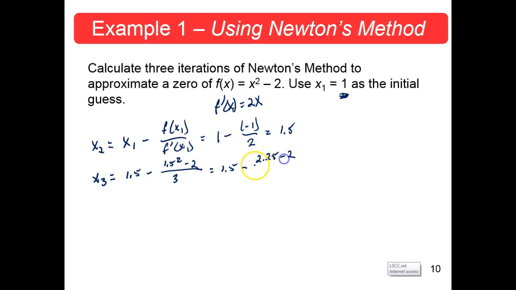Minus 2 divided by 3, so that would be 1.5 minus 0.25 divided by 3. Now some of you have a calculator. Figure out what that is. 1.5 minus 0.25 divided by 3.